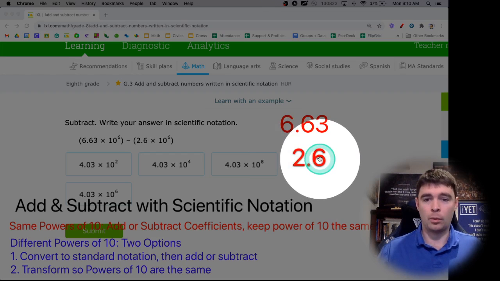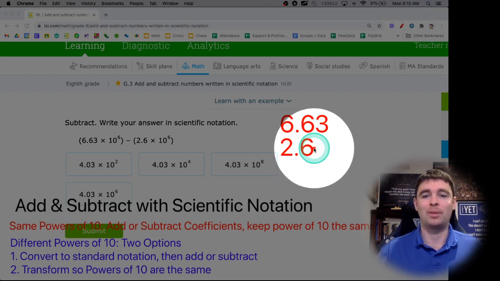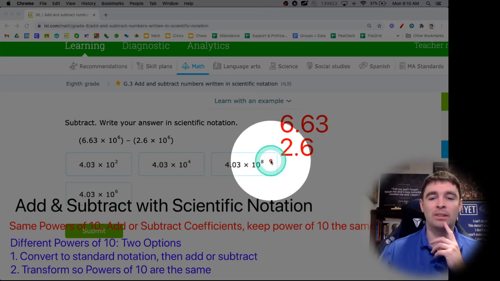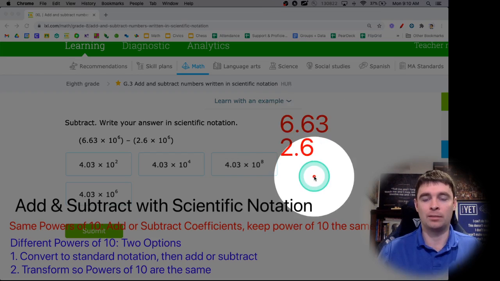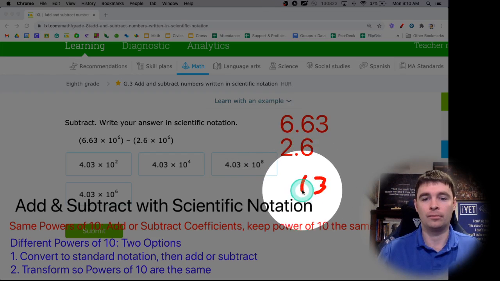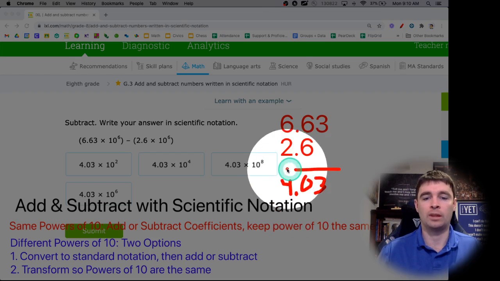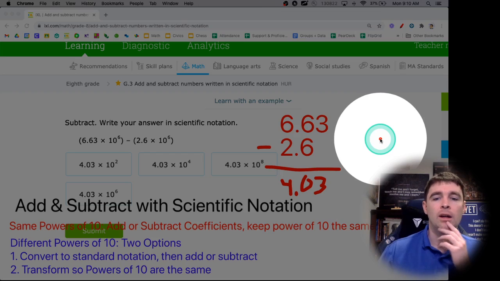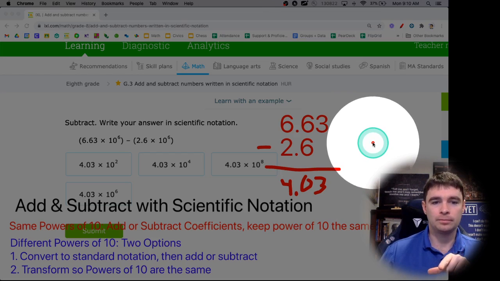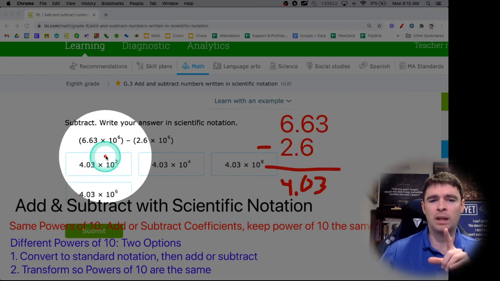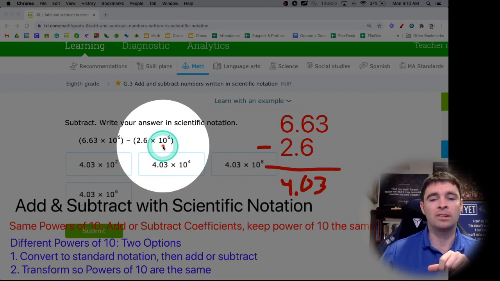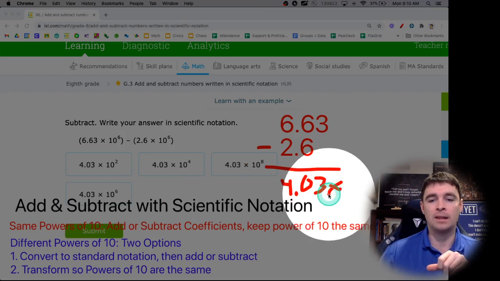I'll go ahead and do 6.63 minus 2.6, and at the end of the day, that gives me 4.03. What we need to remember is that we had 10 to the power of 6 for both of these, so we're still going to have that same 10 to the power of 6.